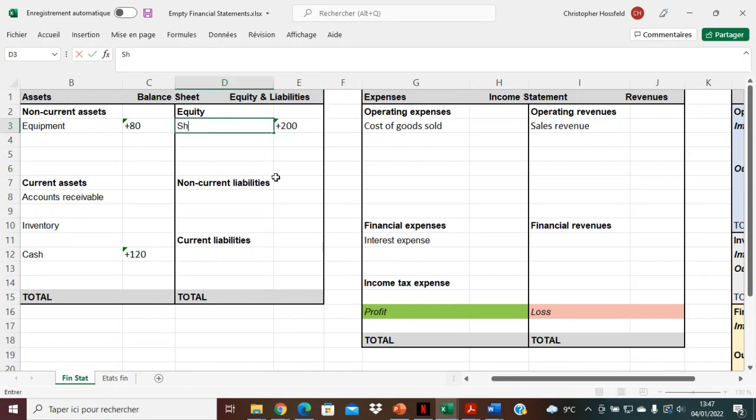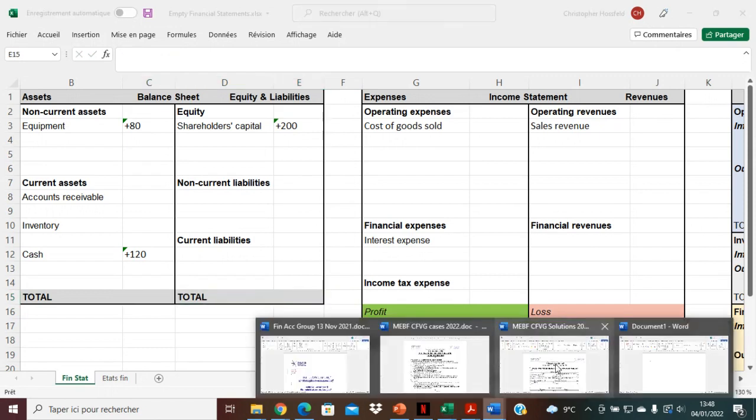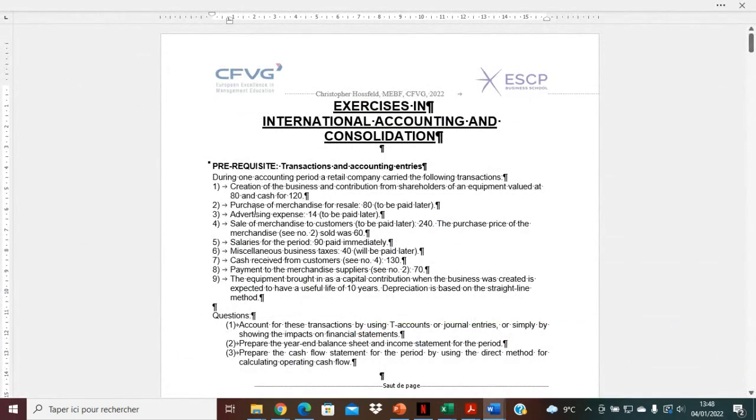Therefore shareholders' capital increases by 200. That is the accounting entry for my first transaction: assets increase by 200, equity increases by 200. Both sides of the balance sheet increase by the same amount. My total balance sheet is 200 on the asset side and 200 on the equity and liability side, so we are good. Transaction 1 is finished.